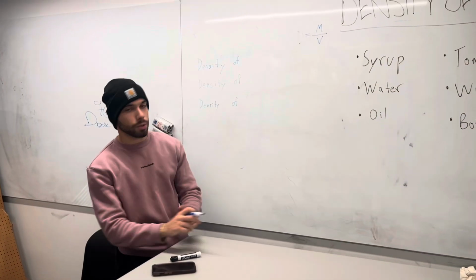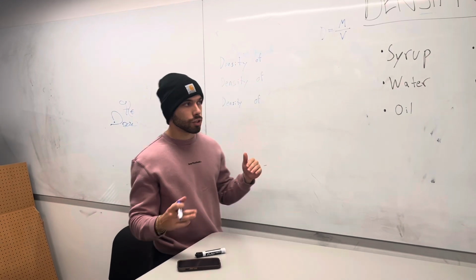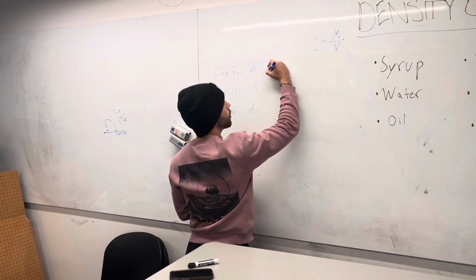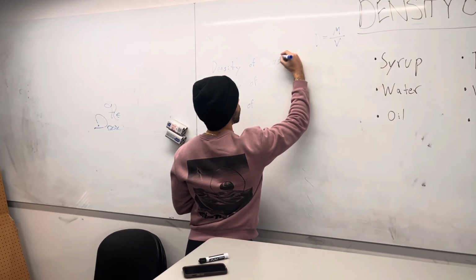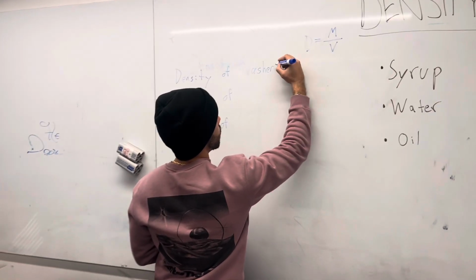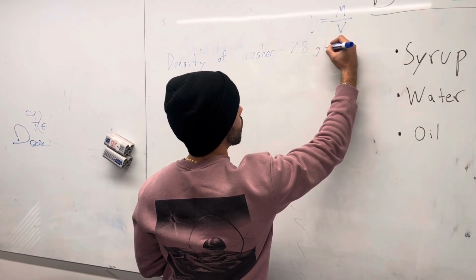All right, so next we're going to be talking about some of the materials we're going to be dropping into our liquid mix. So the first one is going to be a metal washer. And a metal washer has a density of about 7.8 grams per milliliter.